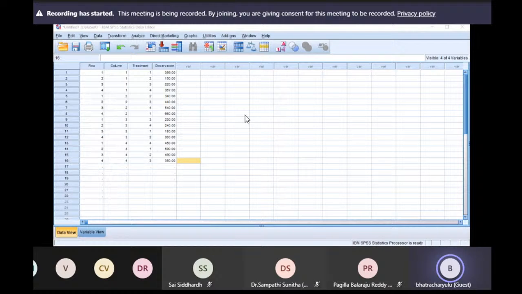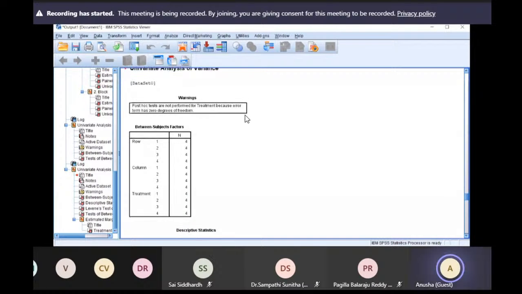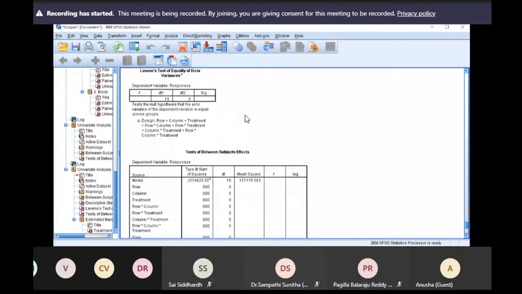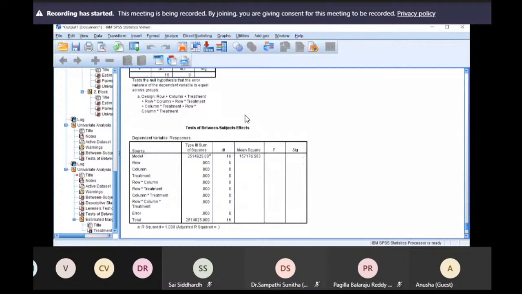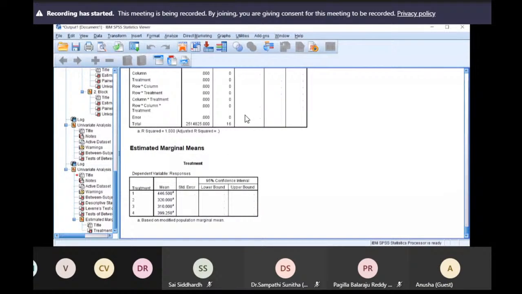So due to interactions being included, the other values, the error values and degrees of freedom, will be reduced. Still the values are zeros. There is some problem in the data. Okay, mean values. Go down. Okay, that's enough. Actually I'm not getting the values accurate.